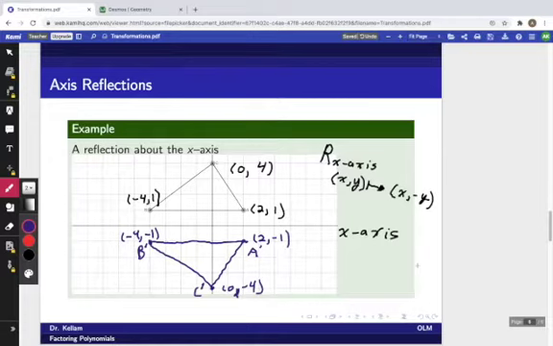The distance from here to here is 4, and the distance from here to there is also 4.